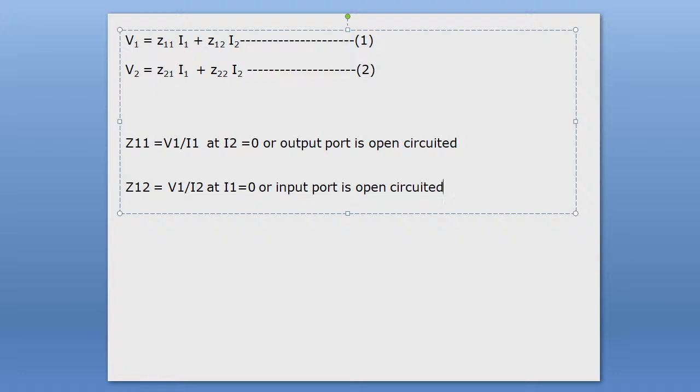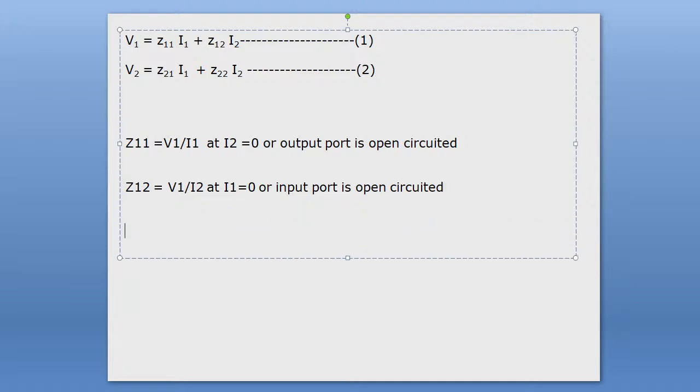And from equation 2 we can write the expression of Z21 equal to V2 divided by I1 at I2 equal to 0, or output port is open circuited.